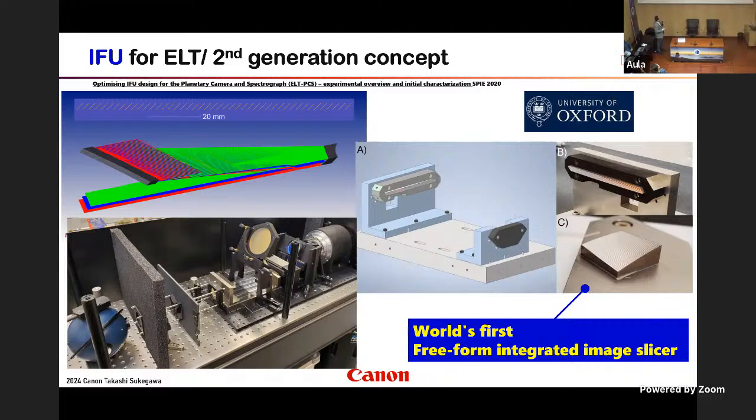Anyway, they are already using a very funny slicer. This is both curved, meaning a freeform slicer, and then operated. It was published by Oxford, you can read some papers.